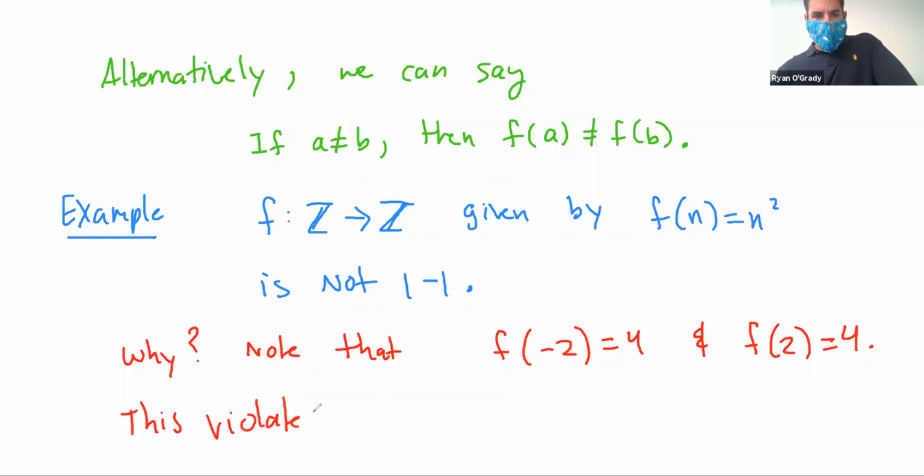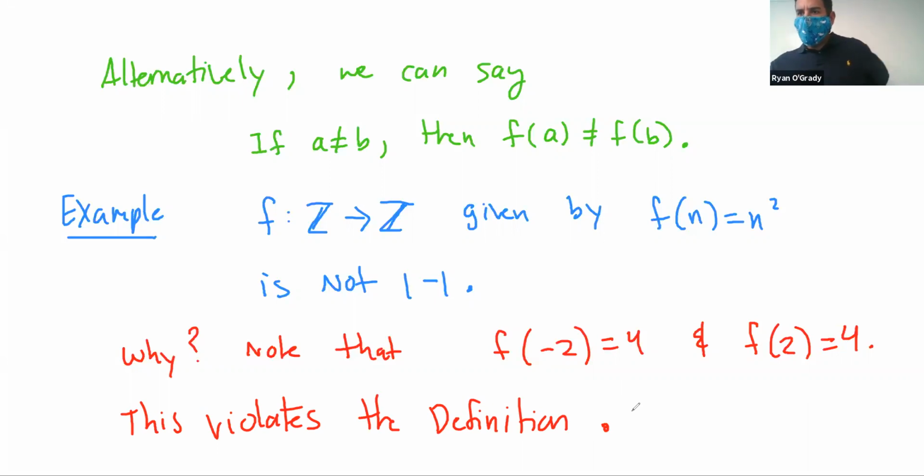This violates the definition. All we needed to do was notice the definition says for all a and b in the domain. If we want to negate that, all we have to do is give one example, and we just did that.